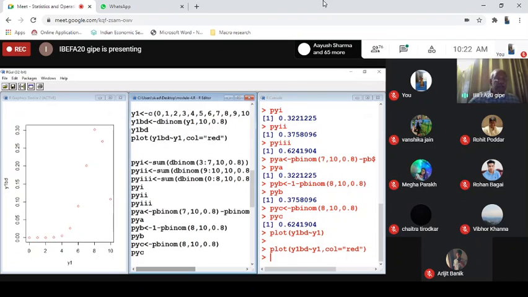The red points are probabilities for every possible values.